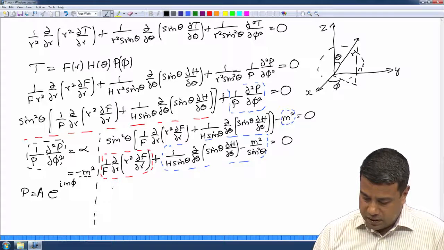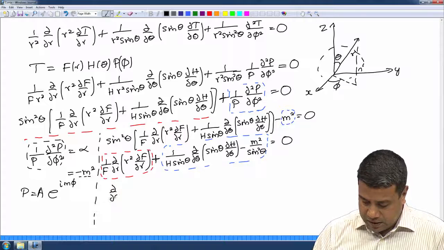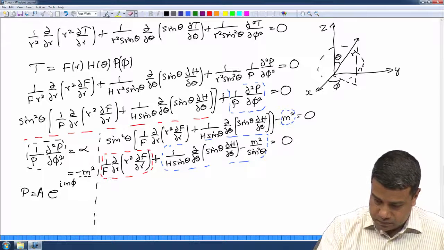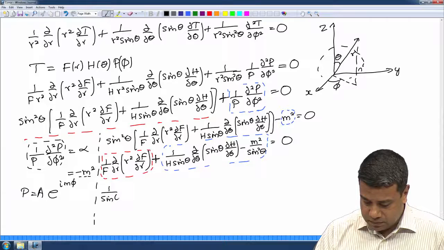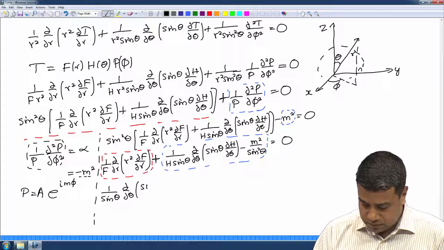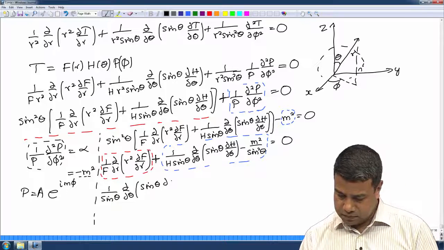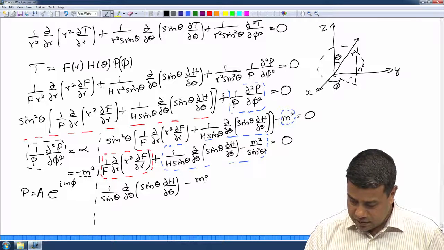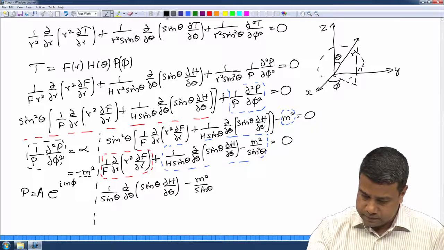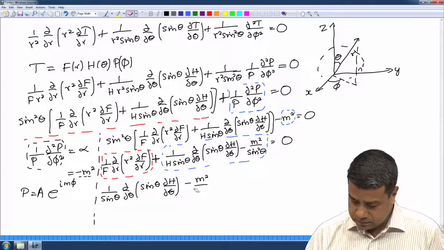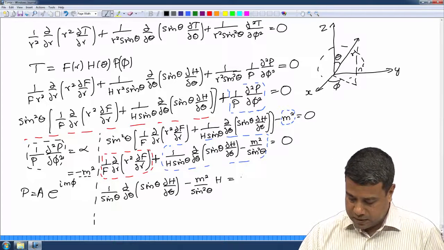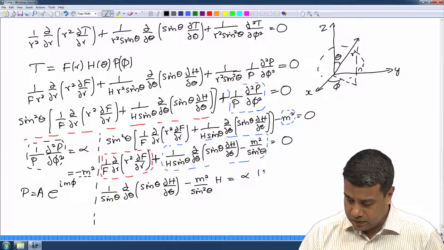The theta equation has the form d by d theta of ... minus m square by sin theta into h is equal to some constant alpha into h.